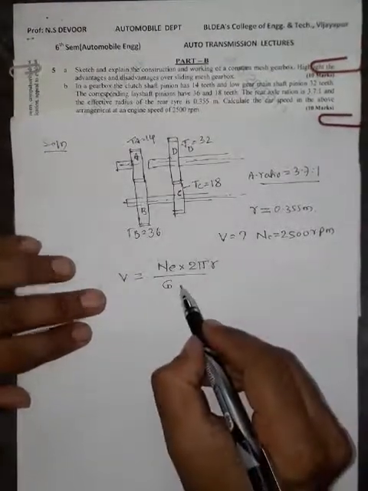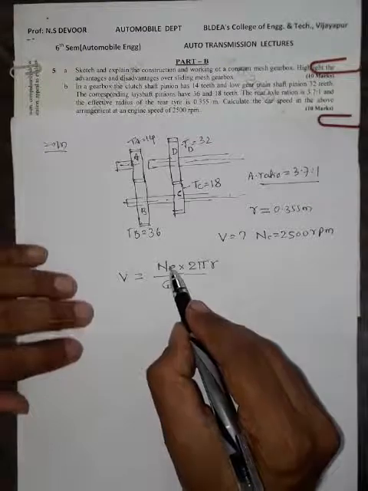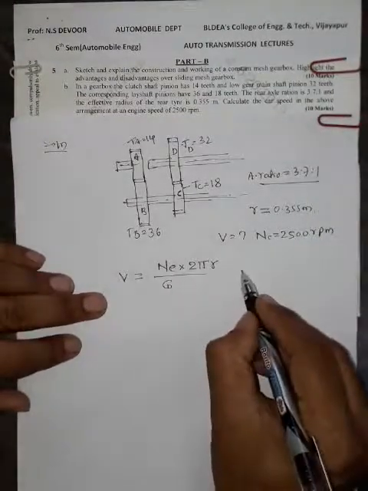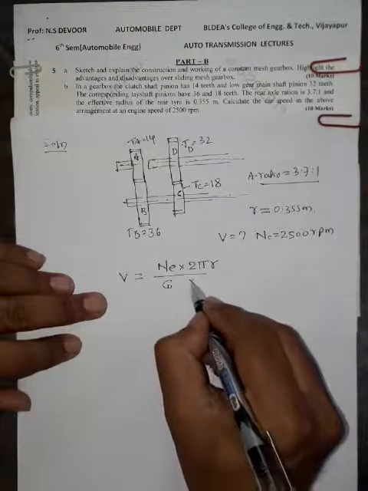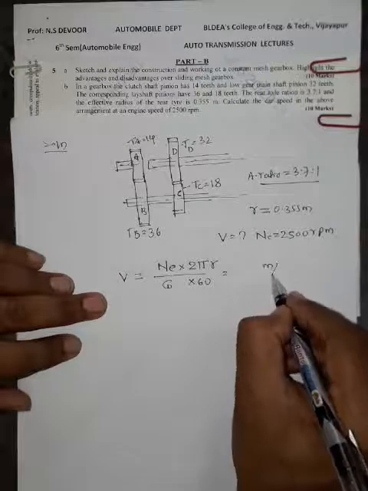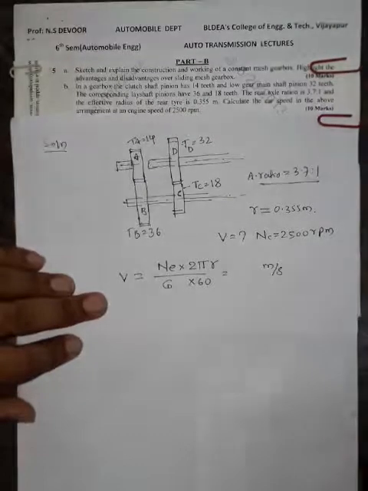Here the unit is revolutions per minute, so what you get is meters per minute. Divided by 60, you will get this value in meters per second.